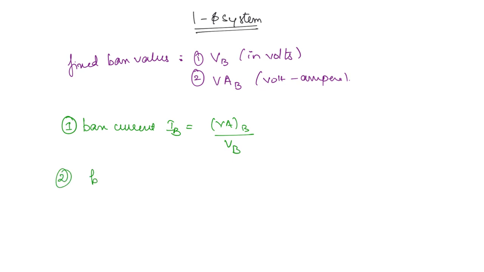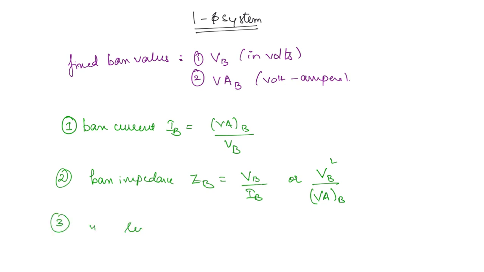Next, base impedance ZB, this you can either find as VB by IB, or directly from the volt ampere and voltage itself you can find out VB square by VA base. Now what about base resistance? Like I told you, this is simply equal to the base value of the impedance. Similarly, base reactance.